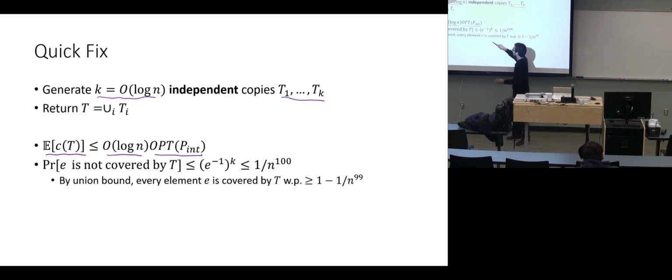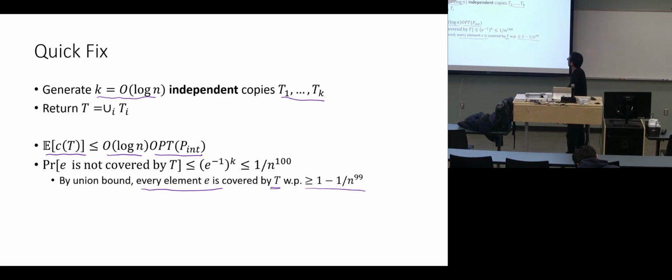There are k of them, and each set doesn't cover e with probability 1 over e. So since k is log n, this is very small. And then by union bound, every element e must be covered by the collection T with high probability. Okay, so that's a quick fix, and yeah, easy.